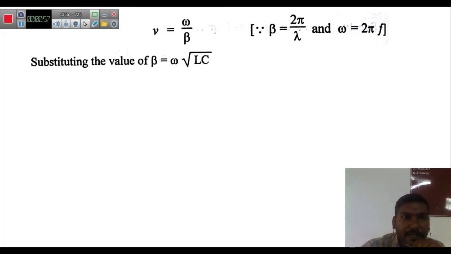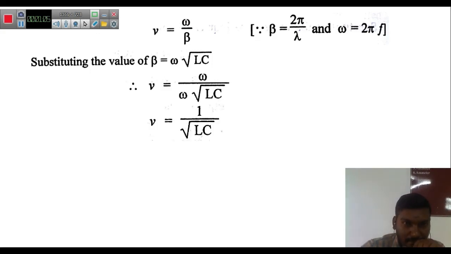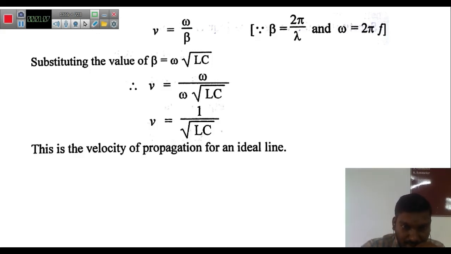Substitute the value of beta here, beta is equal to omega root Lc, and v is equal to omega by omega root Lc. Omega gets cancelled, v is equal to 1 by root Lc, and this is the velocity of propagation in an ideal transmission line.